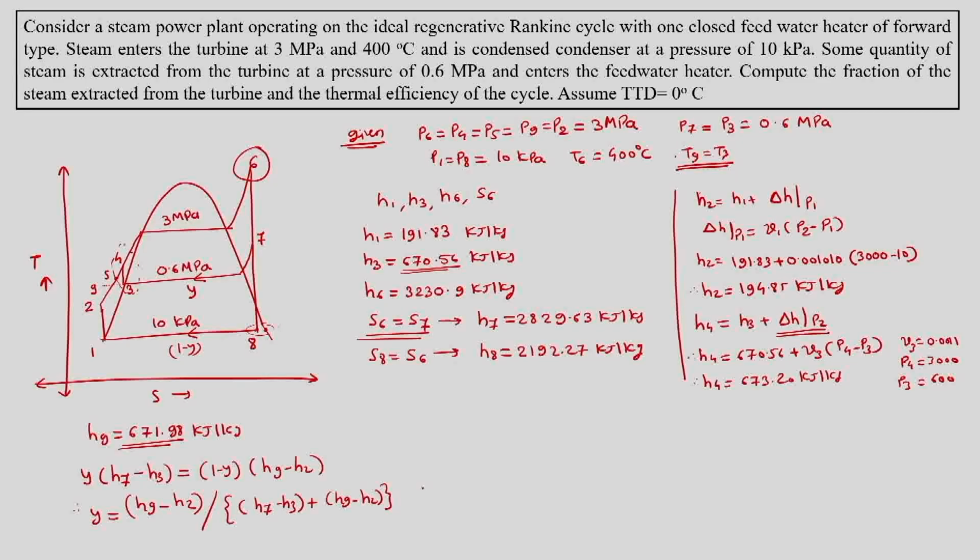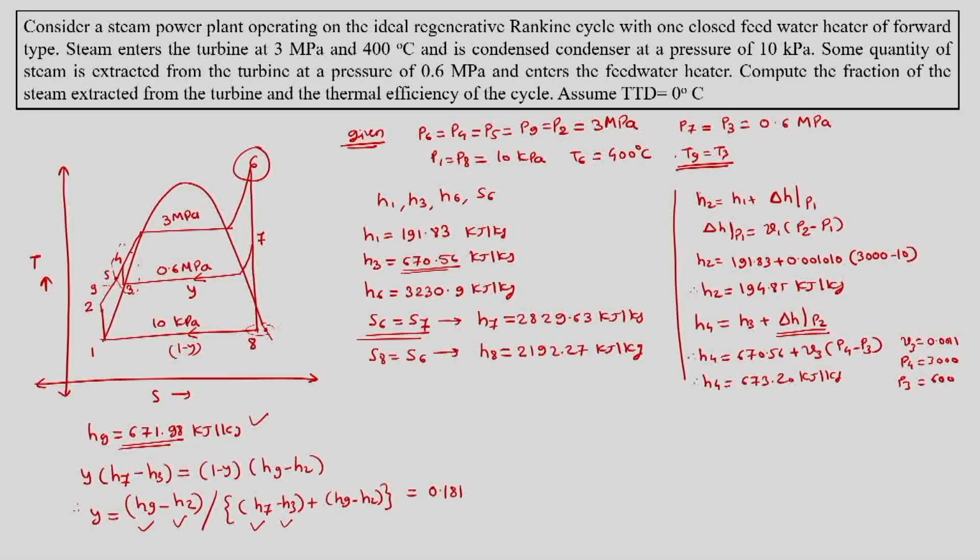We know now H9, H2 is also known, H7 is found out, so H3 is also known. So, we can find out Y, and Y happens to be 0.181. So, 0.181 fraction of 1 kg of mass is extracted for the closed feed water heating.